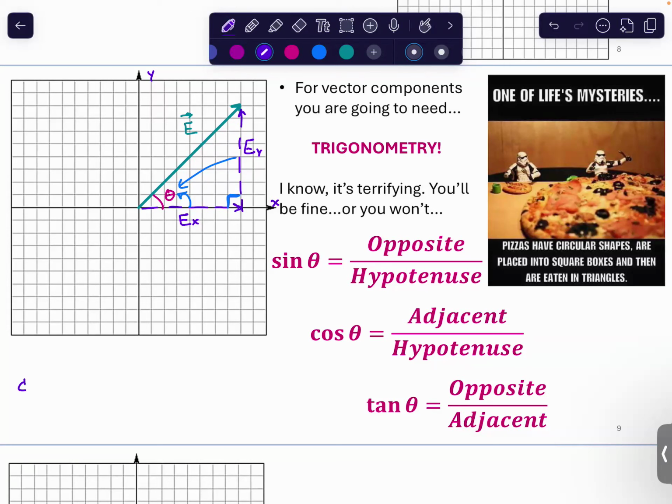So if we said cosine of theta. Now, notice how I wrote the E without the arrow. That's called a magnitude. We'll talk about that in a little bit. If you don't see the arrow, that is the magnitude of a vector. So if we wanted to figure out this component, EX, it's the magnitude of the electric field times cosine of theta.